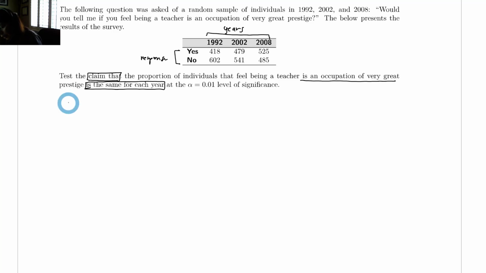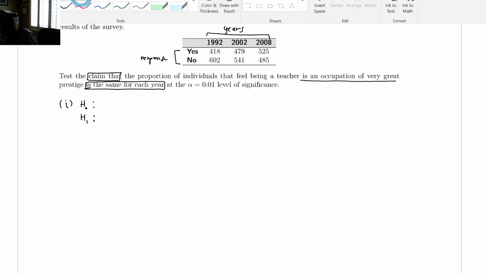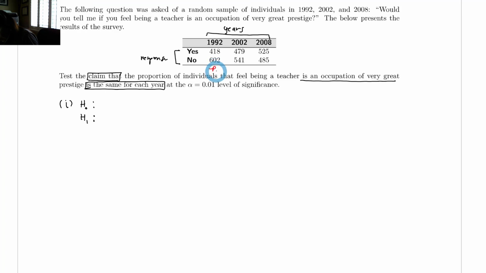Okay, so step one would be to set up the null and alternative. The null and alternative here are about the proportion of each year that it was surveyed, so we could call them P1, P2, and P3, right?